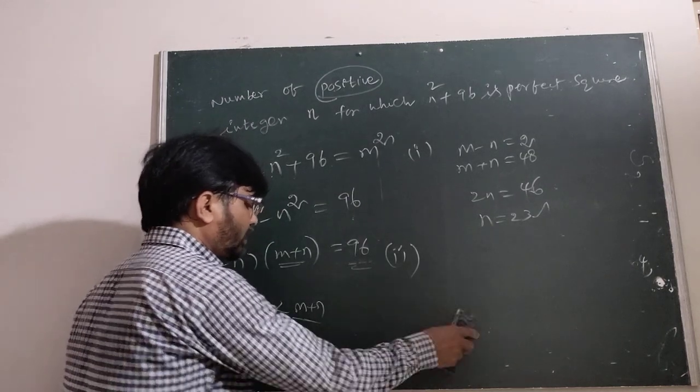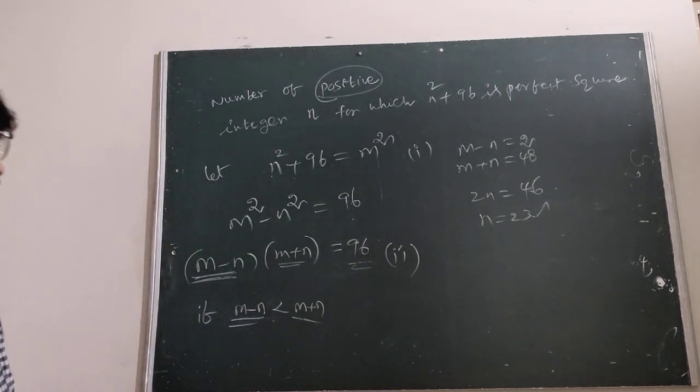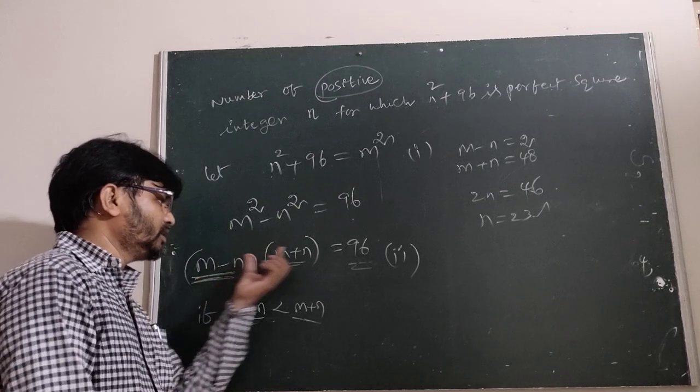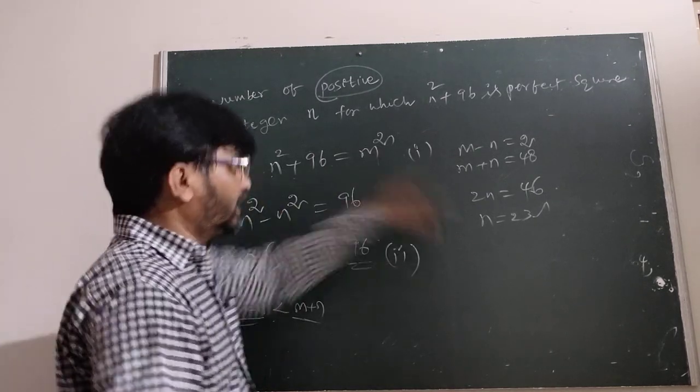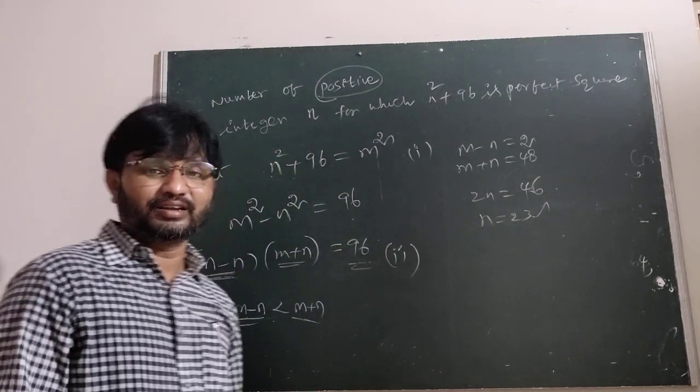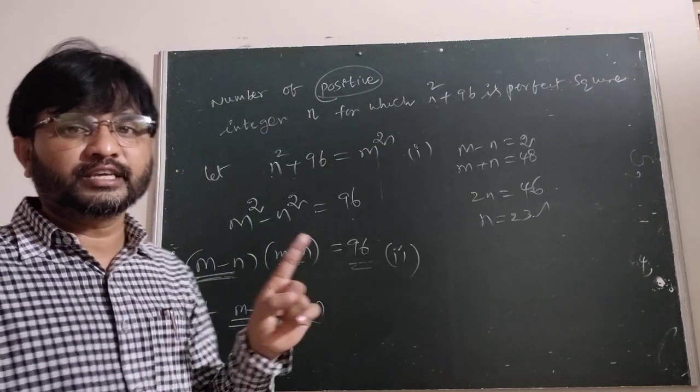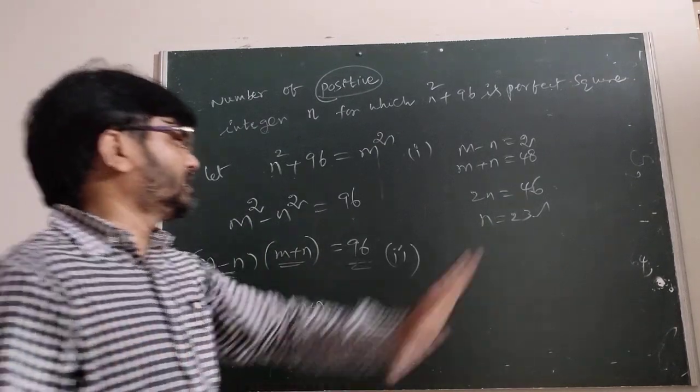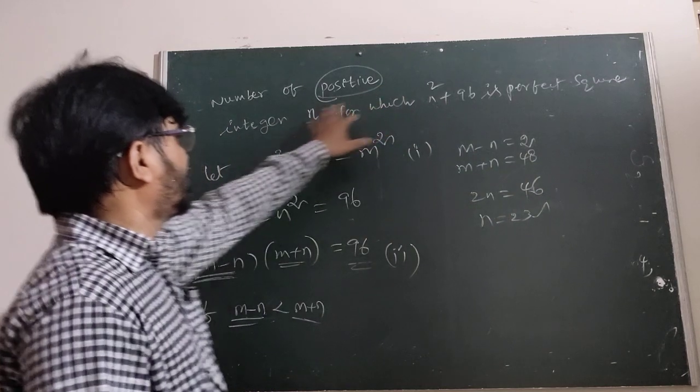That's why both m minus n and m plus n must be even numbers, then 2n is also even. Suppose one of them is odd, then 2n is odd, and n is not an integer.